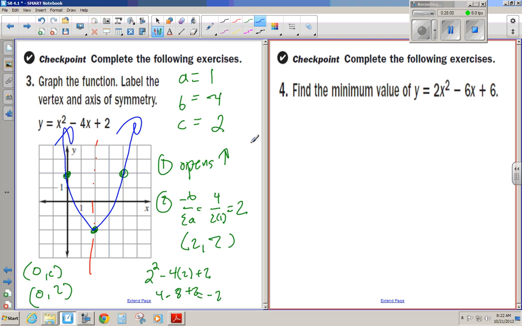All right, find a minimum value, y equals 2x squared minus 6x plus 6. Well, for this, a equals a positive number, so it opens up, which means we have to find a minimum. And we do that by finding the vertex.